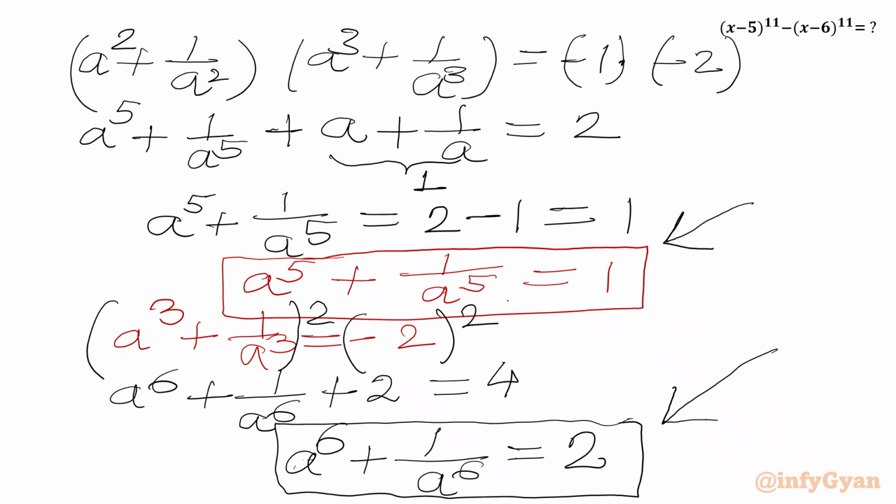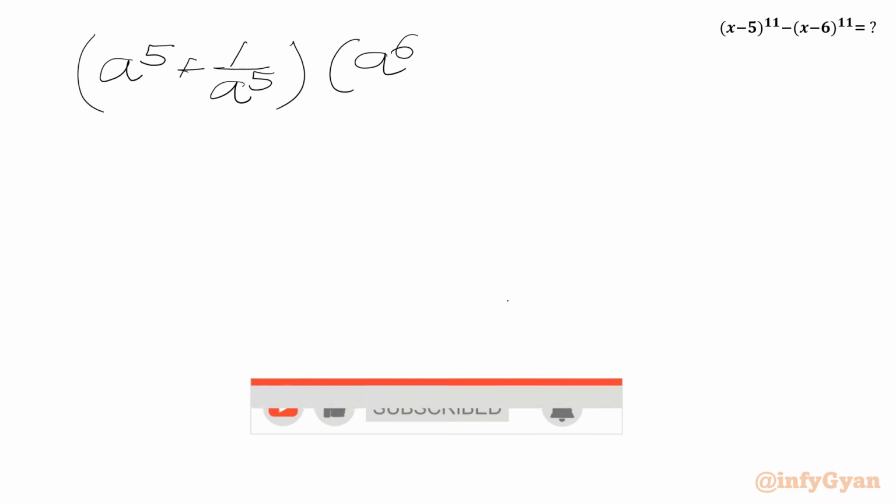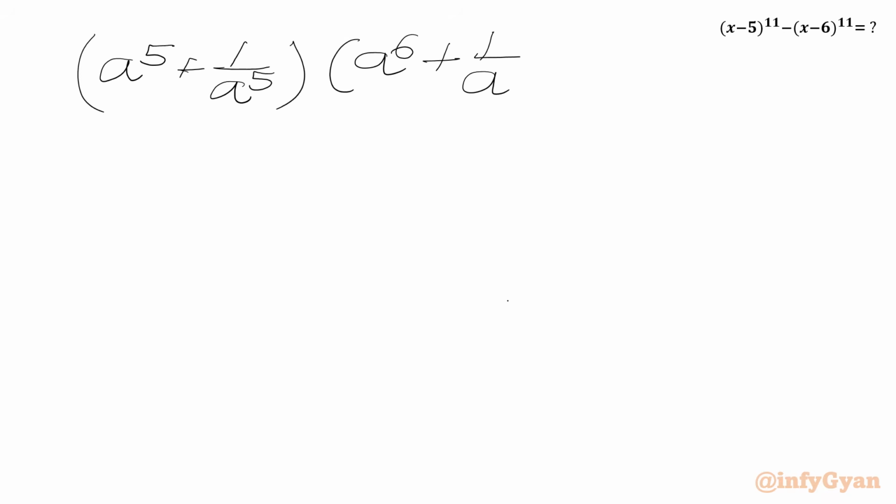We are going to multiply both the equations to get A power 11 plus 1 over A power 11. So I will write here (A power 5 plus 1 over A power 5) times (A power 6 plus 1 over A power 6) equal to 1 times 2, which will be equal to 2.